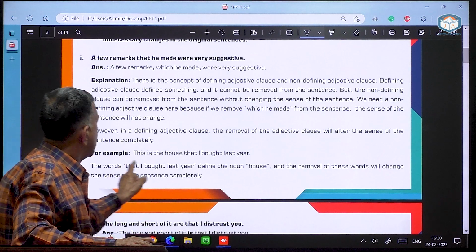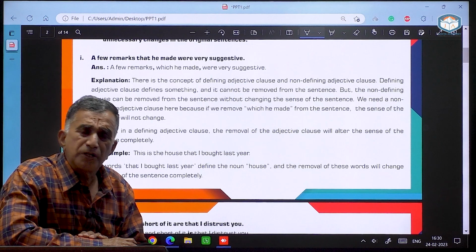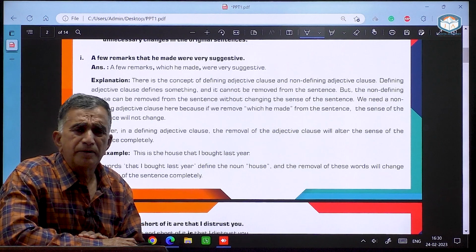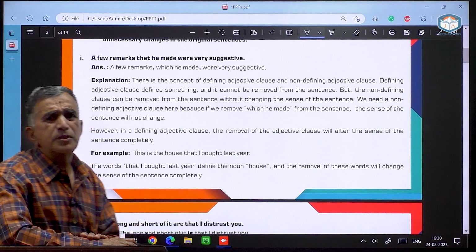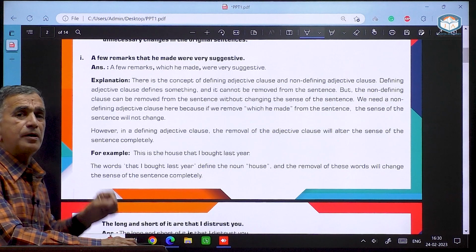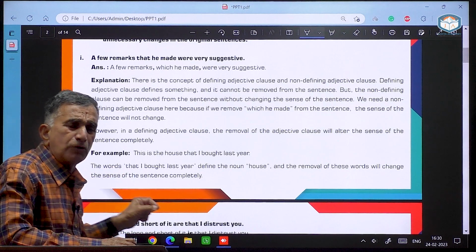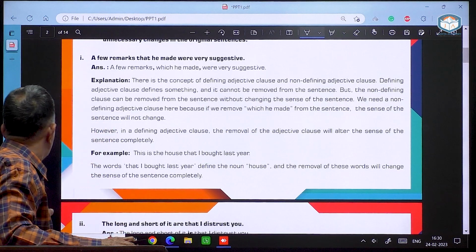For example, this is the house that I bought last year. It is generally introduced by that and it cannot be separated from the sentence because the sense will change. So it is a matter of defining adjective clause and non-defining adjective clause.